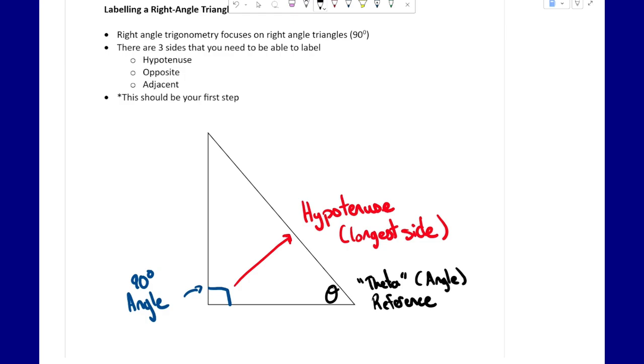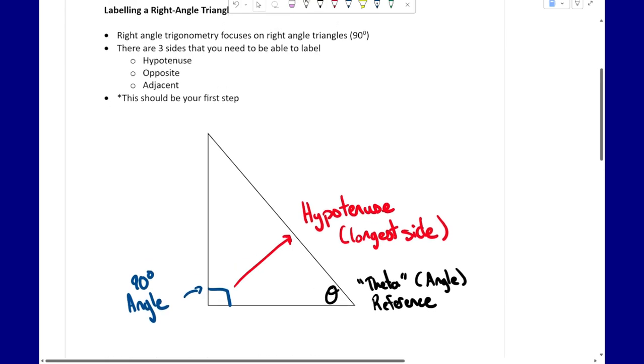So when we're labeling a right angle triangle, aside from the hypotenuse, the other two sides are going to be based off of our reference angle. This reference angle could be unknown like it is here, or it could be a known angle. In some cases, we're told what the measure is. Once we know what our reference angle is, our opposite is going to be across from our reference angle, or opposite of the angle.